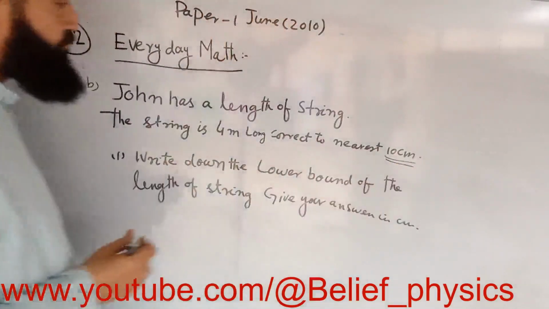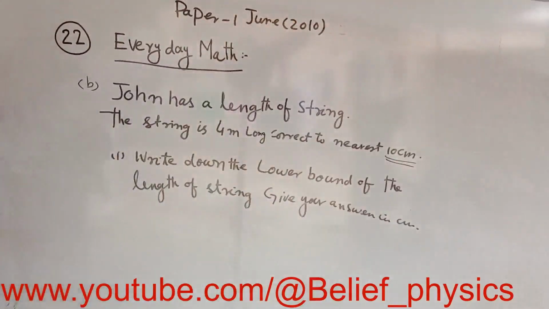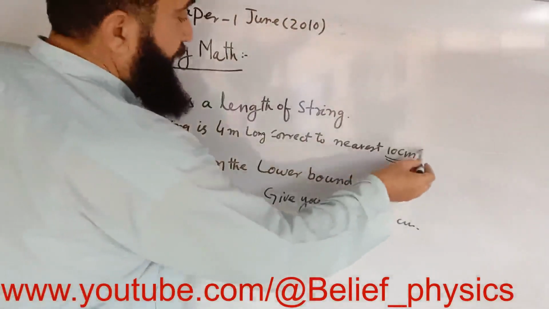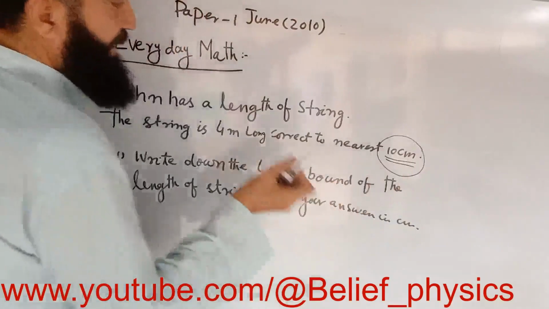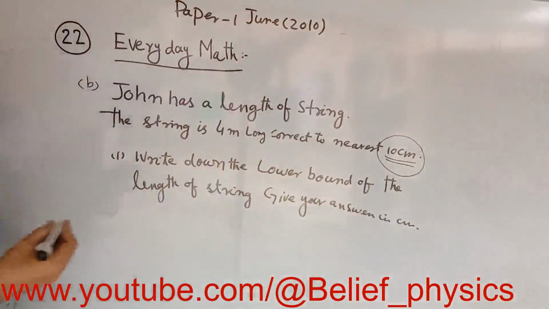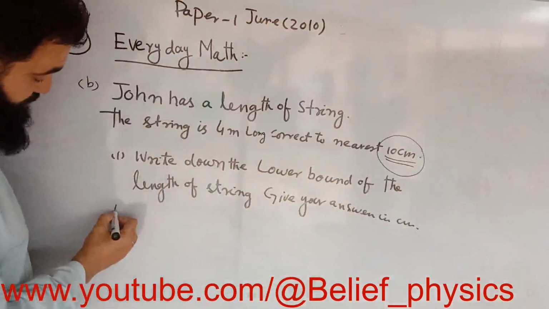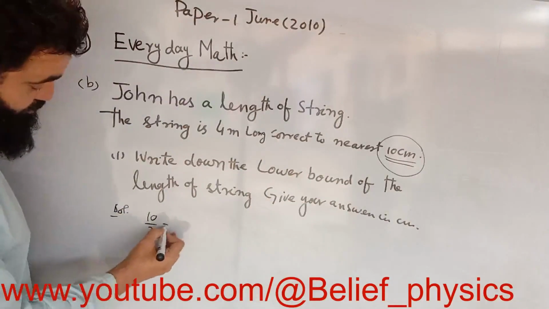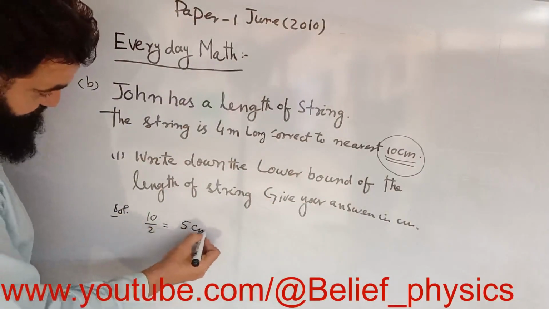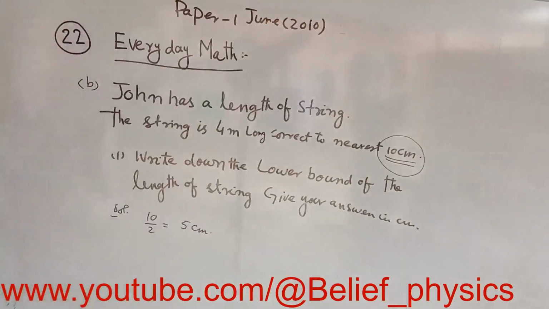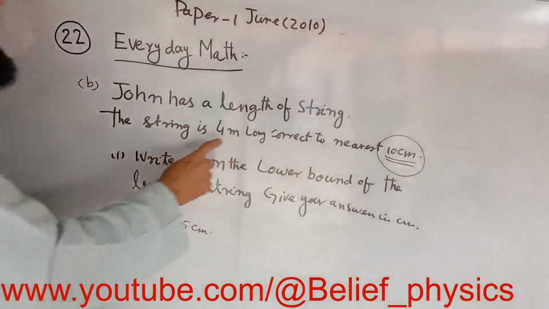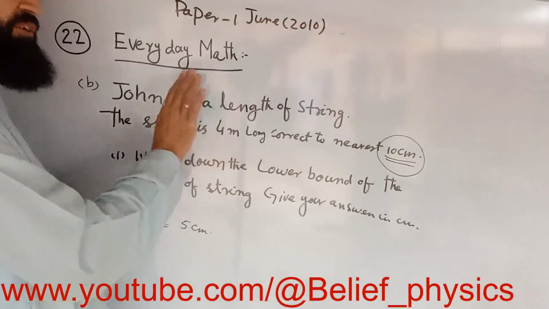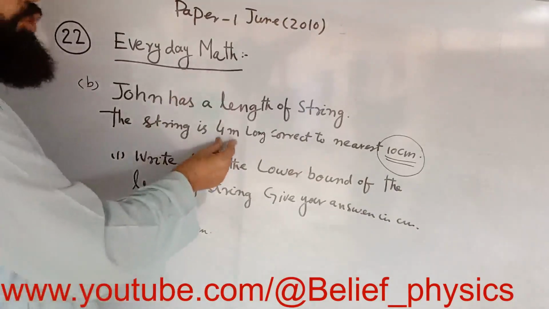First of all, since it is correct to 10 centimeter, we divide 10 by 2. So 10 over 2 is equal to 5 centimeter. It means this length can be plus or minus 5 centimeter of 4 meter.